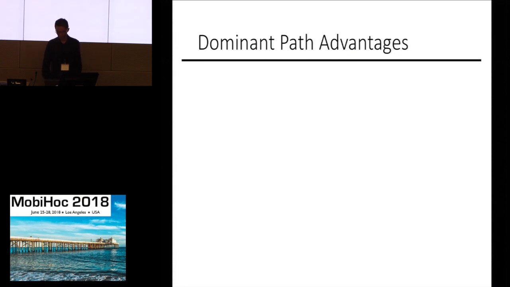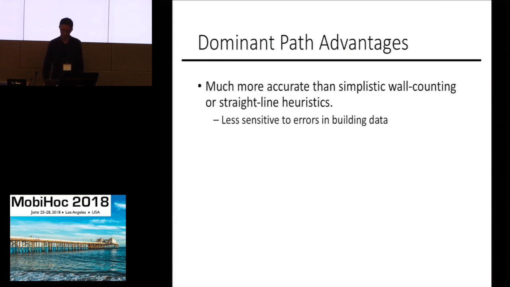As for the advantages of the dominant path model, as I've mentioned, it's much more accurate than the simplistic wall counting or straight line heuristics in the statistical models. This is mostly because in the statistical models, we have to train different models for different kinds of buildings.